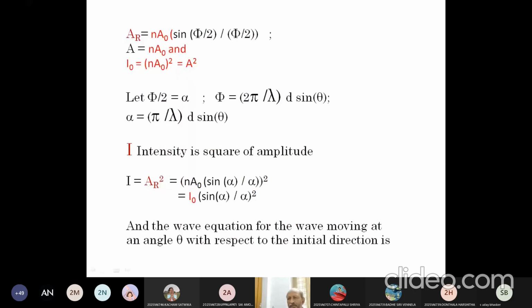Now, when theta is equal to 0, in the original direction, what is the intensity value? Please respond. What happened?